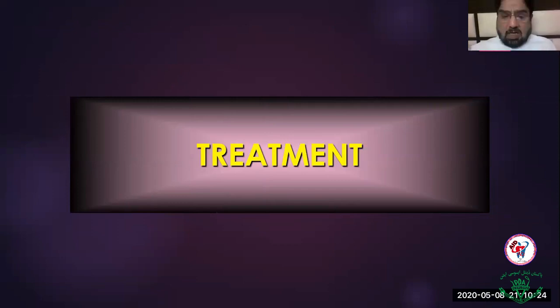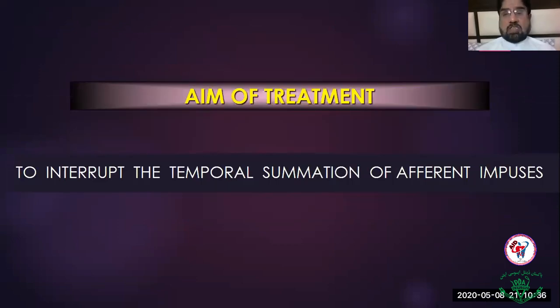When we are talking of the treatment of trigeminal neuralgia, it opens a sea for us. There are medical treatments, there are surgical treatments, there are so many treatments. And what is the aim of the treatment? The aim of the treatment is to overcome the etiology, to interrupt the temporal summation of afferent impulses, which is the basic etiology.